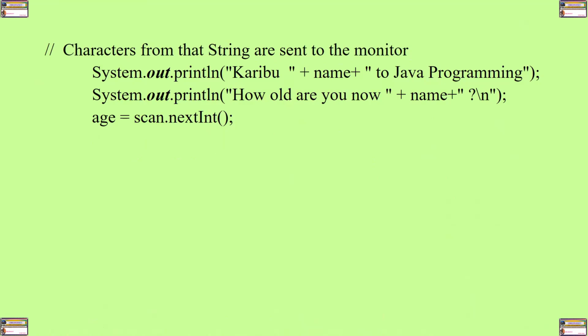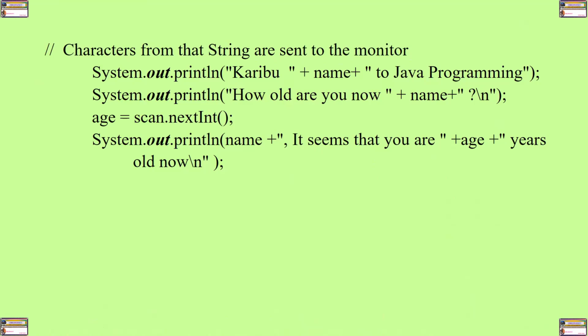In this statement, we are reading two variables: one of them is name and the other one is age. Such that if under name you entered Otieno and under age you entered 10, the program will display the statement Otieno, it seems that you are 20 years old now.